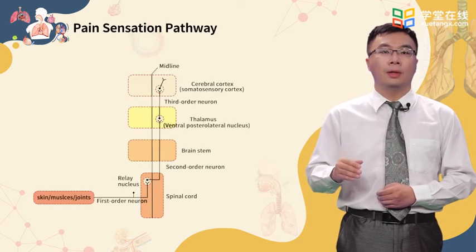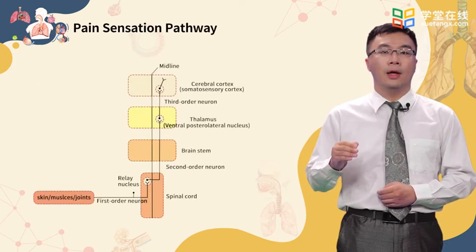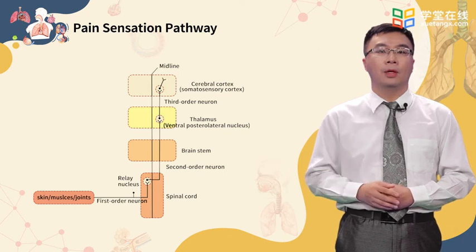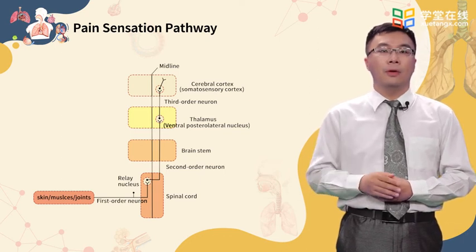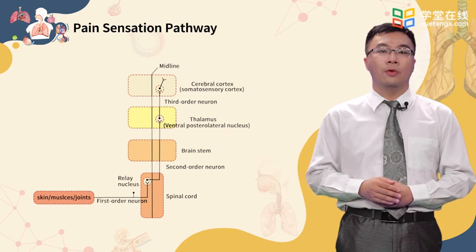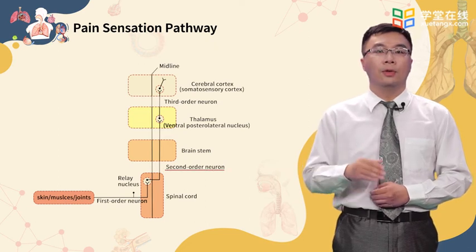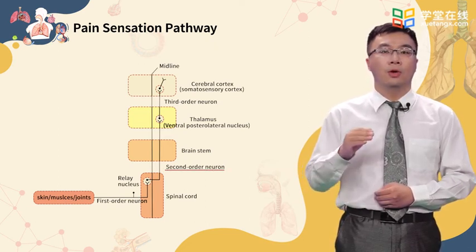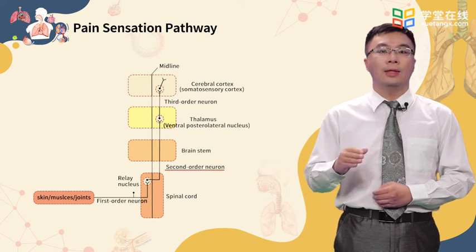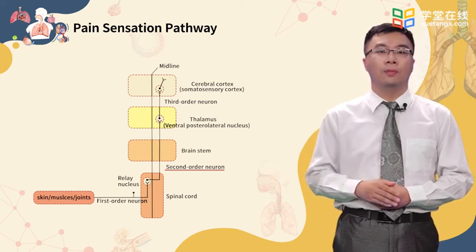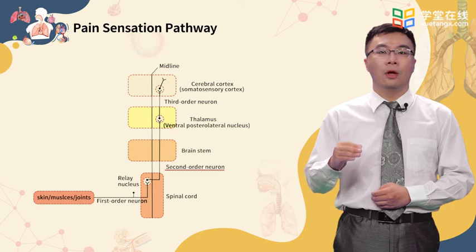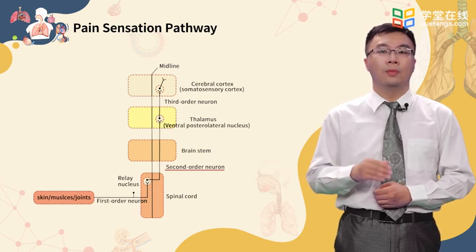The nociceptors can also be referred to as the afferent nerve fibers, because they convey information to the second order neurons in the dorsal horn of the spinal cord. Then the second order neurons quickly decussate, or cross over to the other side of the spinal cord, and the signal travels up the spinal cord to the brain.